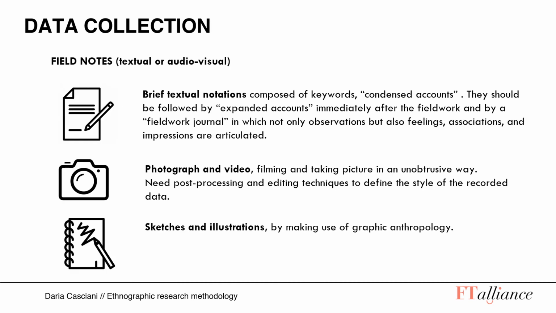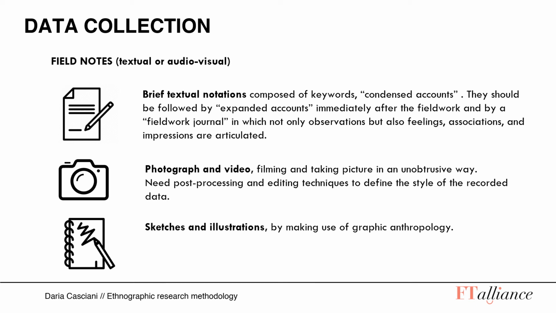There are many ways and a great many tools and resources that a researcher can use to develop ethnographic records, starting with field notes that could be textual and audiovisual. Brief textual notations are generally keywords or condensed accounts that the researcher takes in his notebook.